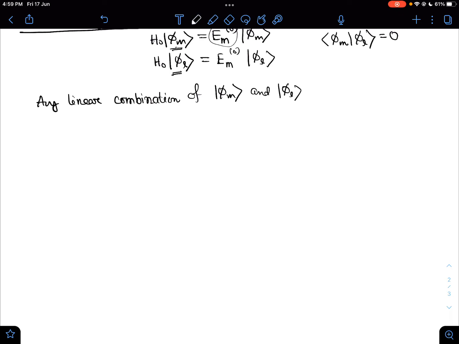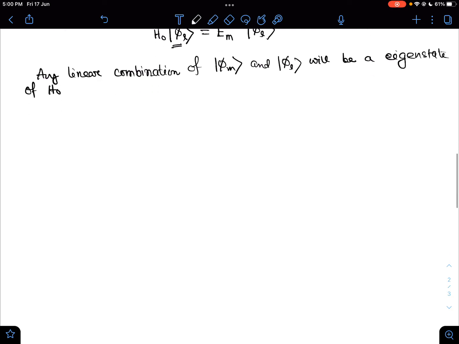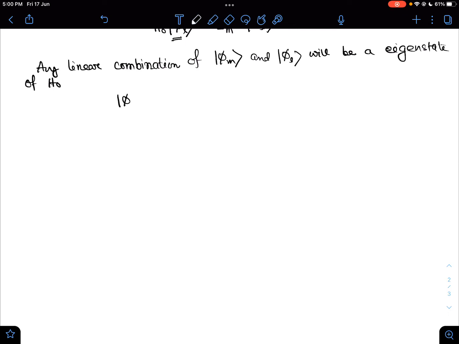Let us suppose this combination to be of this form, with two random coefficients, alpha and beta.